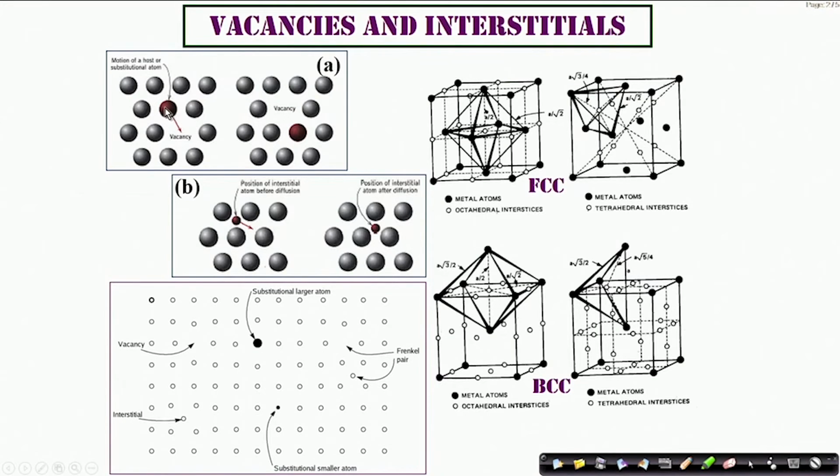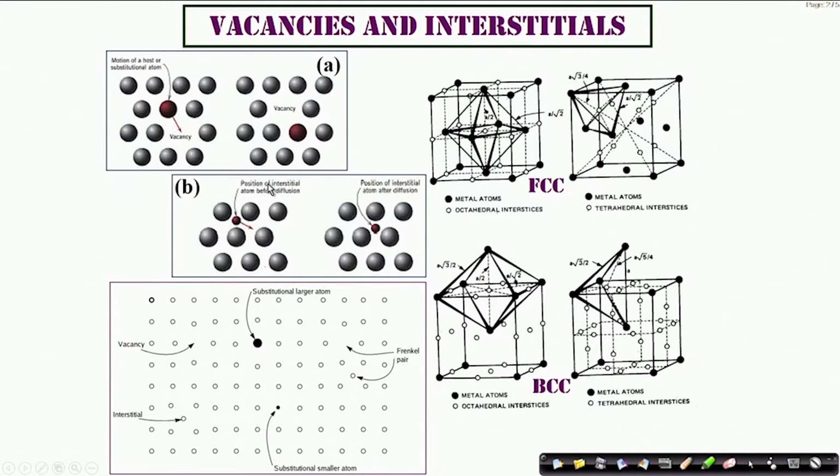So this atom can easily go to the next neighboring vacant position, because this is the easiest way to move. And when this atom moves to the vacant site, the vacancy exchanges position and goes back. So once this atom moves to the vacant site, we create a situation like this, where we have a substitutional atom now moving into the earlier vacant site, and the vacancy in turn has moved back into the earlier substitutional site.